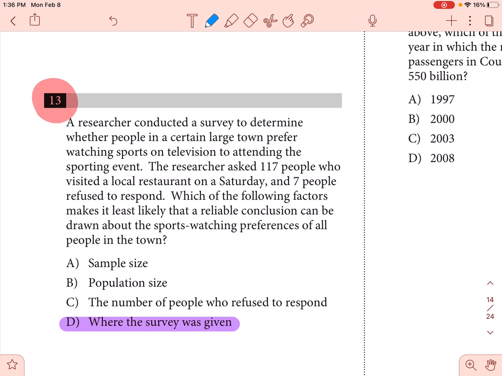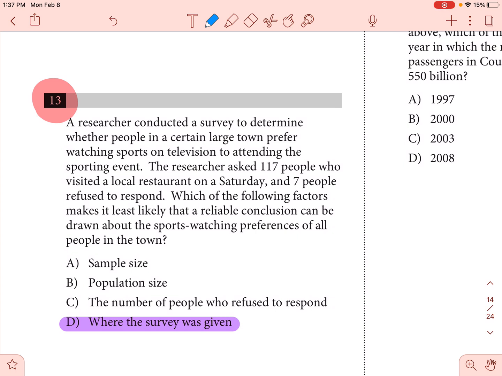Another example of this is if I was taking a survey here at Front High School about kids who have after-school jobs. It wouldn't make a lot of sense to, after school, go to the media center and survey those kids, because if those kids are there after school, they obviously don't need to get to a job, at least right away.